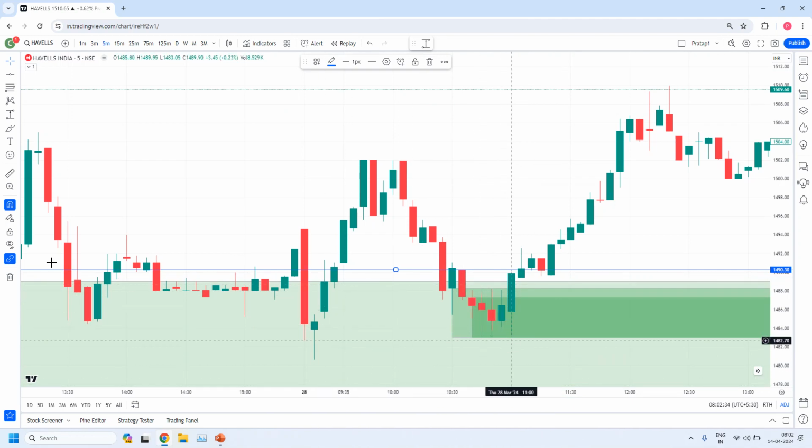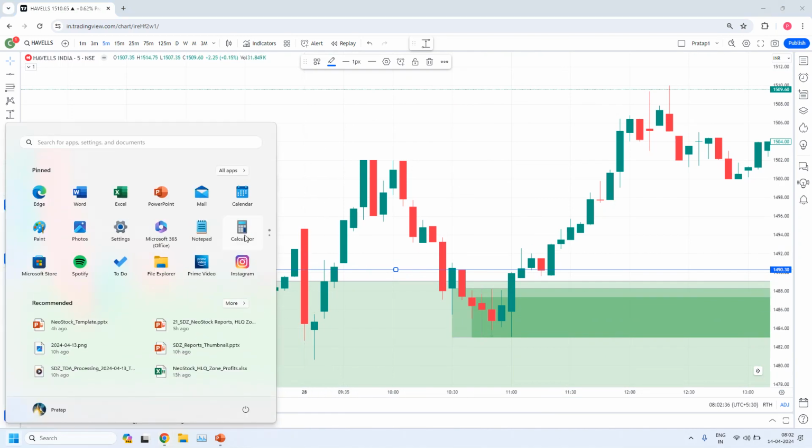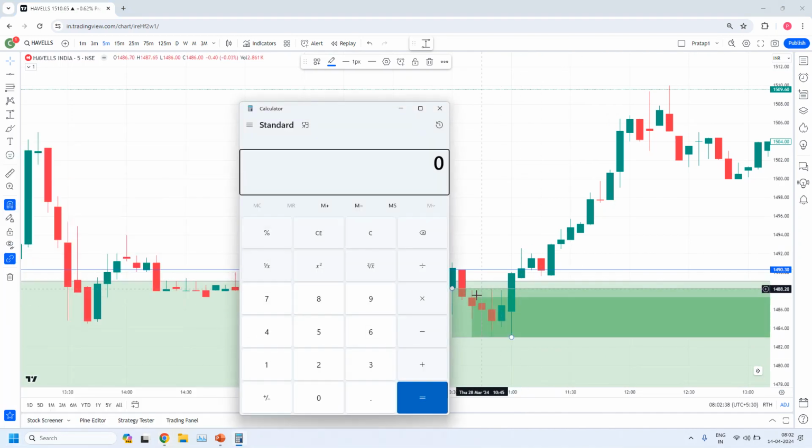Again a mistake happened. I'm sorry. This closes at 1487.30, plus 1.5 is the buffer from the entry. So 1488.80.